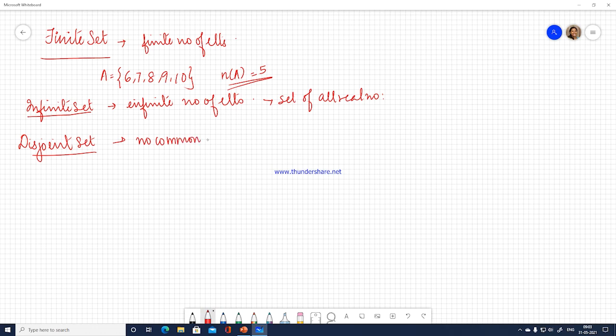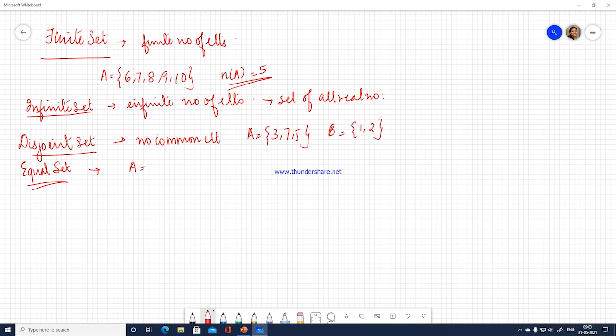A disjoint set is a pair of sets which have no common elements. For example, A is equal to {3, 7, 5} and B is equal to {1, 2}. So these are disjoint sets, as there is no common element between them. Now we have equal sets. Equal sets means two sets with all elements common to both.